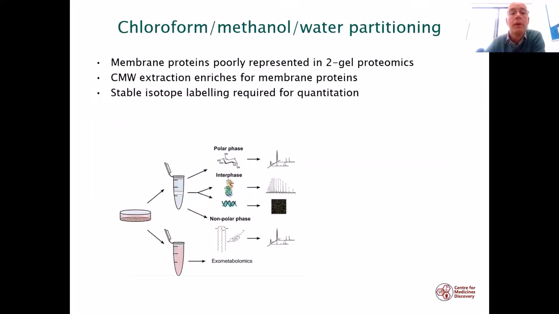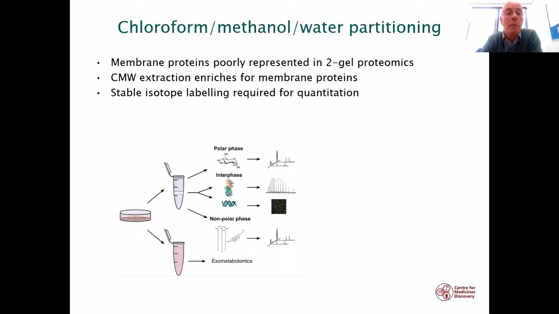Okay, so chloroform water methanol partitioning. This was developed because when people started doing proteomics, what they realized very soon was that membrane proteins, which are some of the most interesting proteins, are very poorly represented in a 2D gel proteomics experiment.